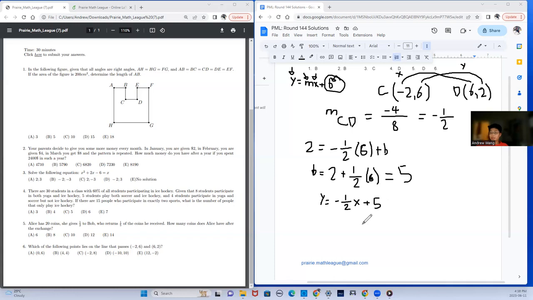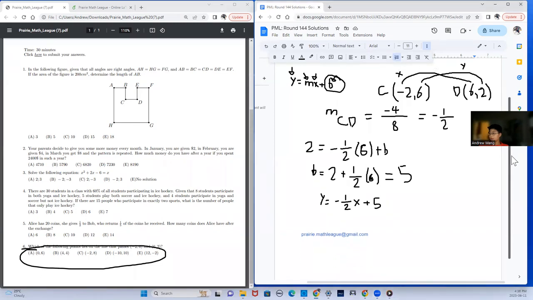Now that we have the equation of a line, we need to test out all the possible values in the answer set that satisfy this equation. So let's start off with, I will just scroll down a bit.